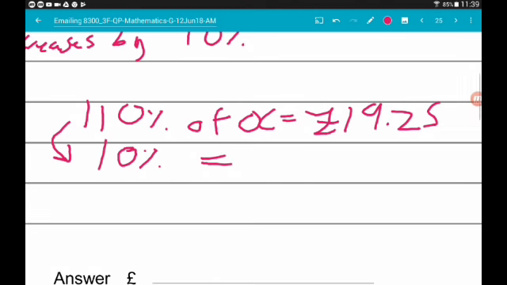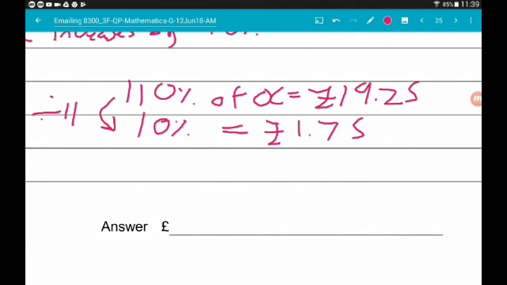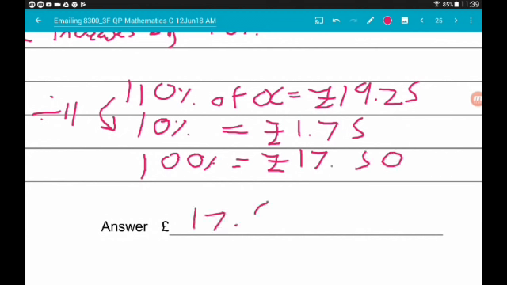So if we do 1925 divided by 11, we get £1.75, and then to get from 10% to 100%, we're going to multiply by 10, so we get 100% is £17.50p. So that is our final answer.